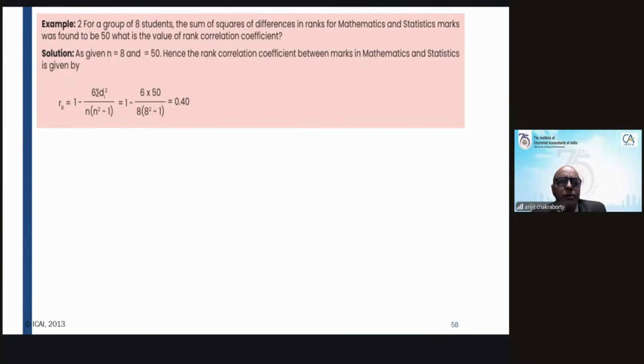This is absolutely the type of question one can expect for the exam. So here n is given, di square is given. We have to find the rank correlation coefficient, which comes to 0.4.